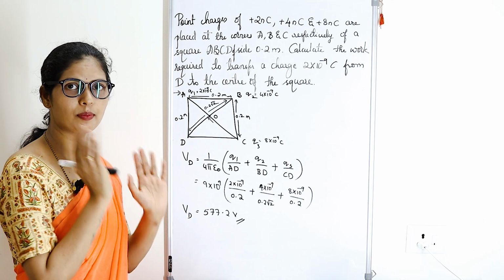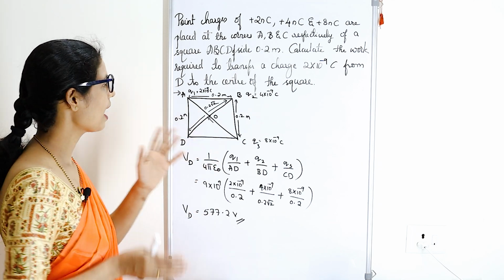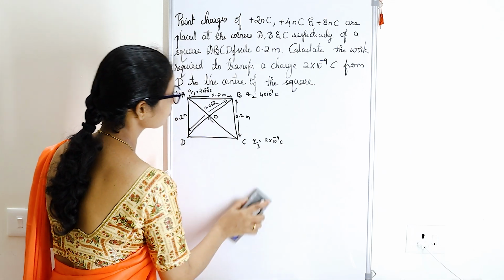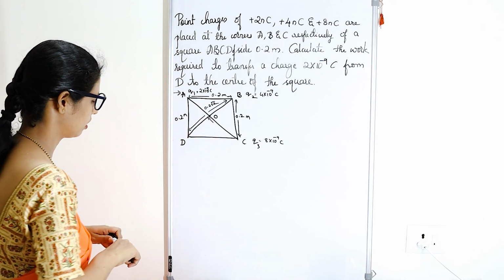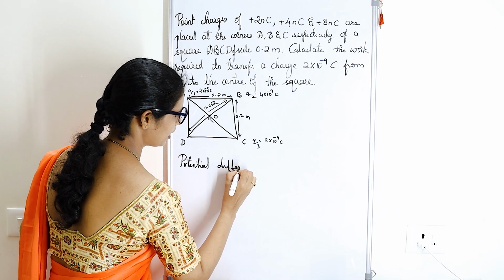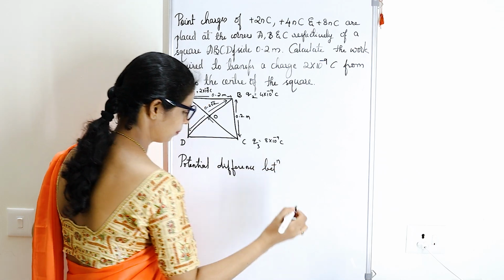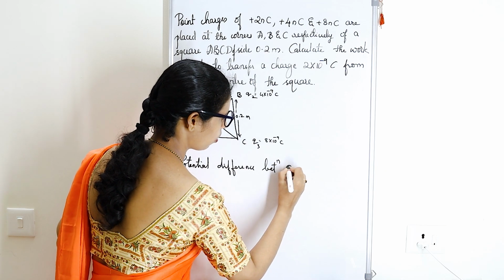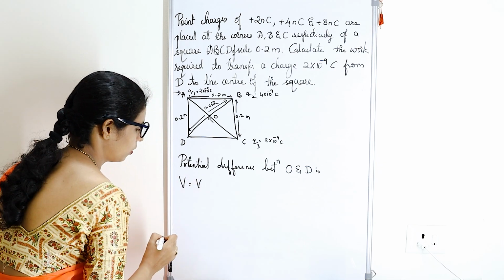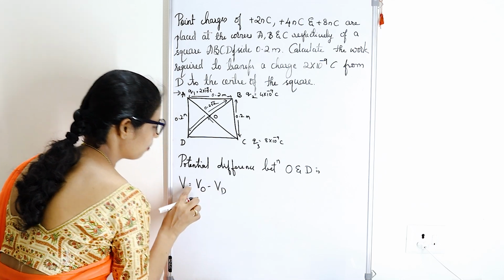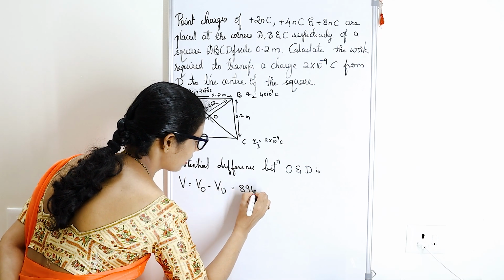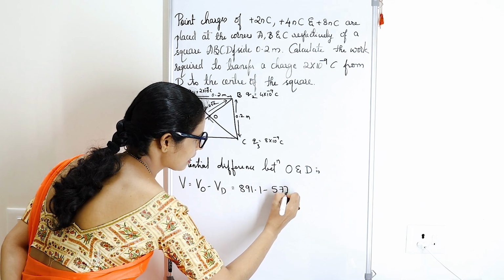So you got the value for the electric potential at the center of the square, and the electric potential at the point D. Now find out the potential difference between O and D. V equals VO minus VD, potential at center minus potential at point D. That equals 891.1 minus 577.2.